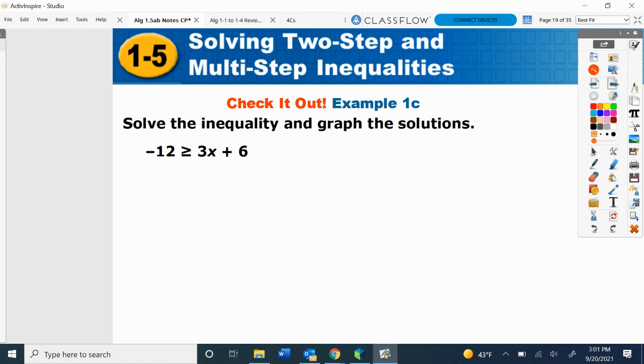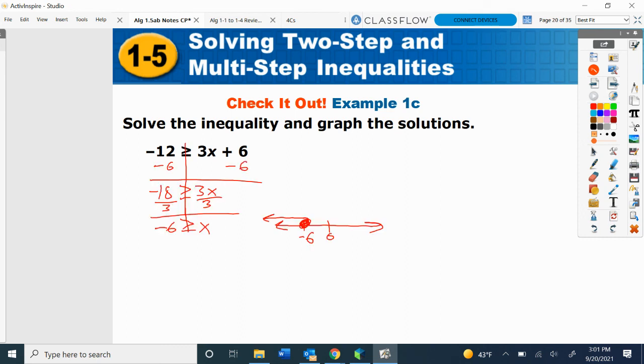Let's take a look and see what this would come out to. Regular two-step equation steps. Cancel out the 6, so you go minus 6. That gets you minus 18 over here on the left. Divide by 3, and you end up with negative 6 on this side. x on this side. No symbol flips here.